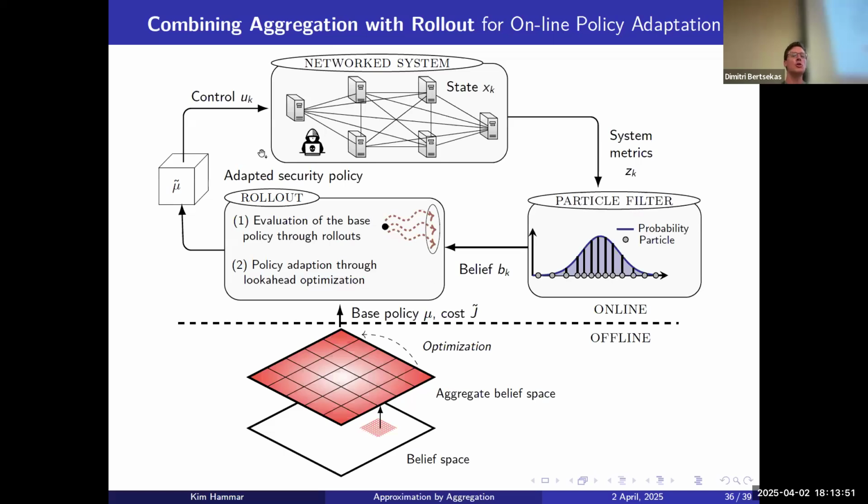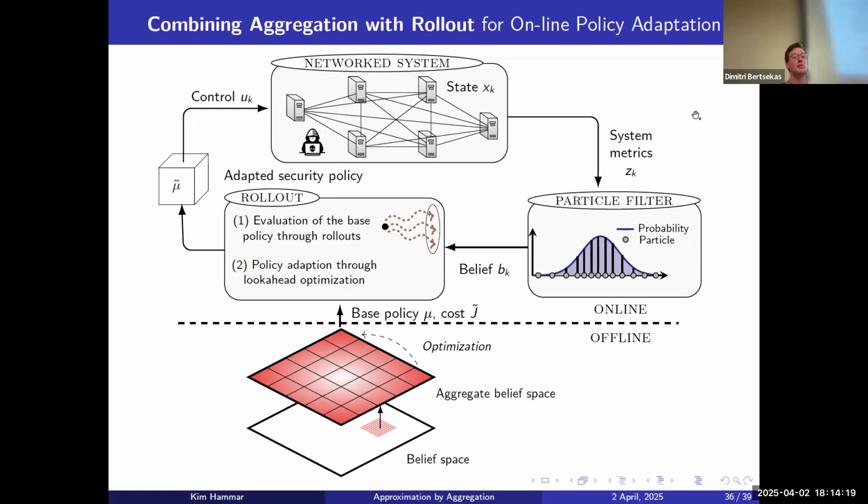And another very powerful feature of this framework is that it can be adaptive, because often these network systems are very much dynamic and non-stationary. They change very frequently. And then you can utilize rollout to adapt the policy computed offline to changes in the system. So that's another very nice side effect of this, apart from just improving the policy.